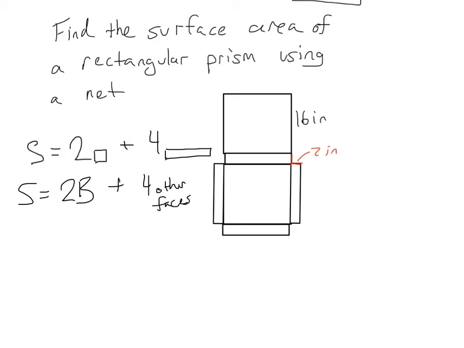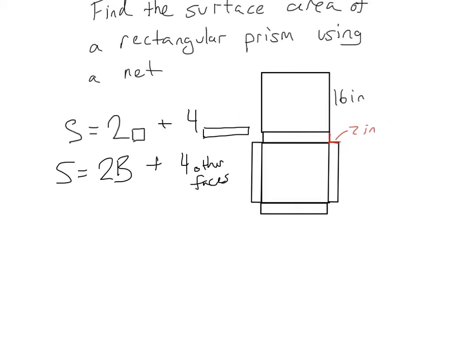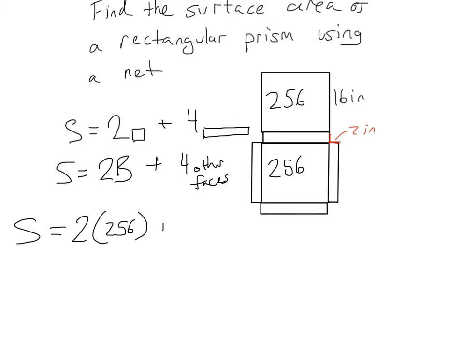All right, so let's actually plug in what we know. We have to find the area of this base here. Well, if it's square and one side is 16, the other side must be 16, right? So the area of that would be 256. Surface area is going to equal 2 times 256, plus 4 of the other faces.